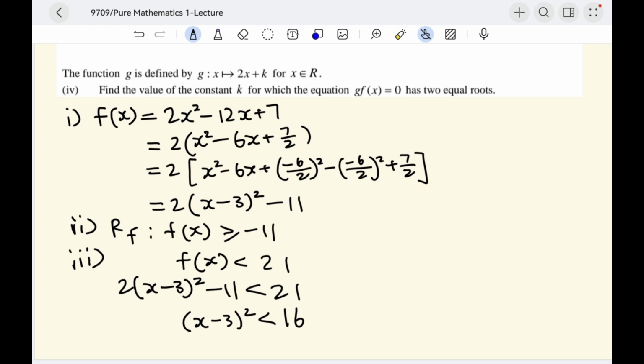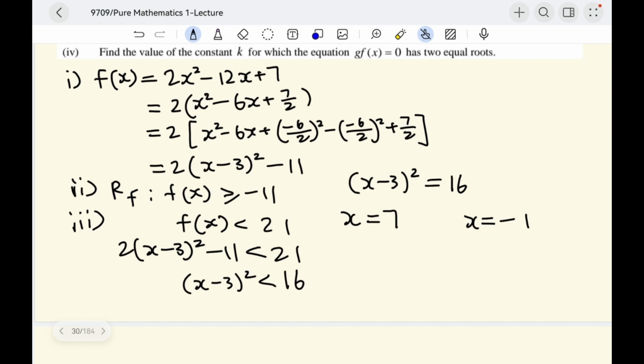If you let (x minus 3) squared equal 16, you will have x equals 7 and x equals -1.